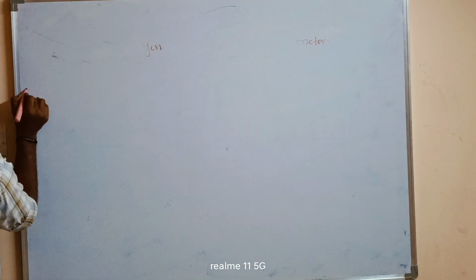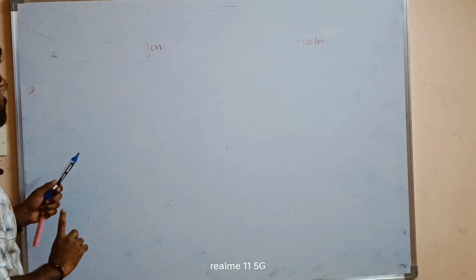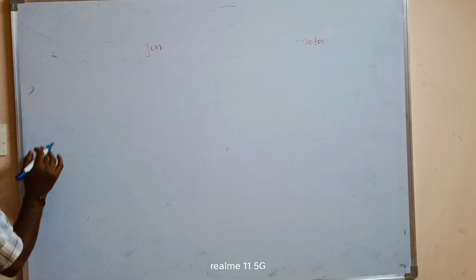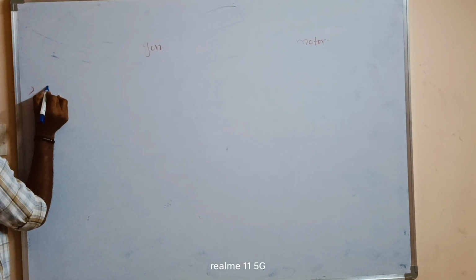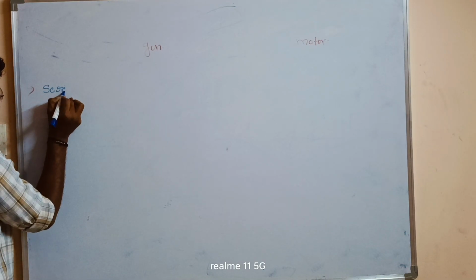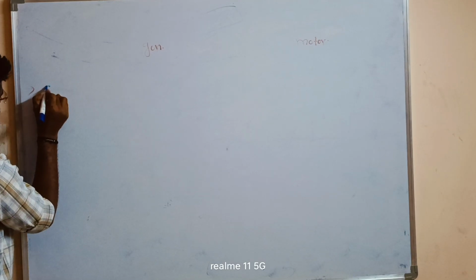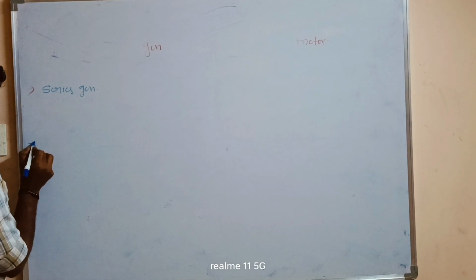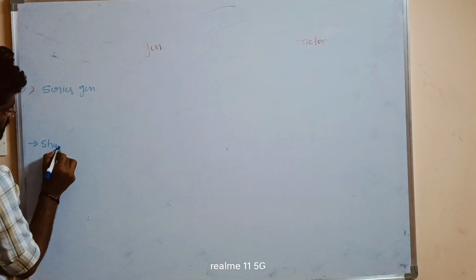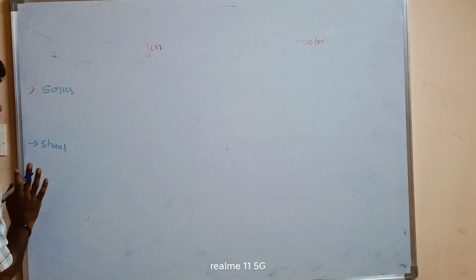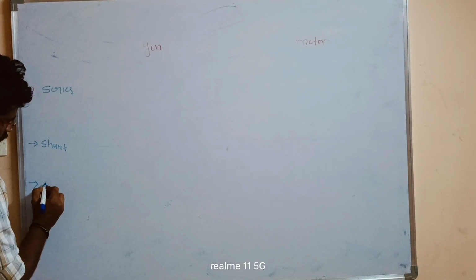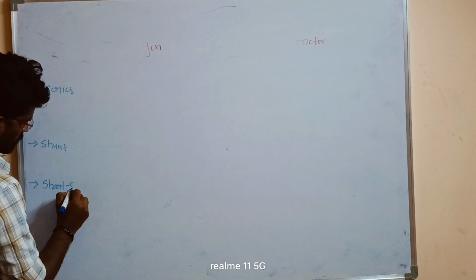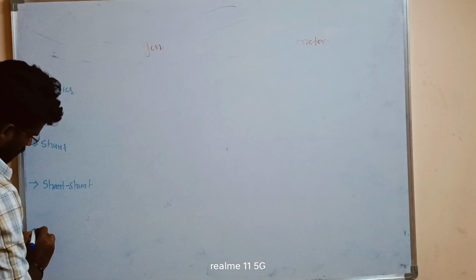First is separately excited, which is not needed, so we follow the self-excited. First one is the series generator. Second one is the shunt generator. Series connection, shunt connection. Next one is compound, which is short shunt and long shunt.